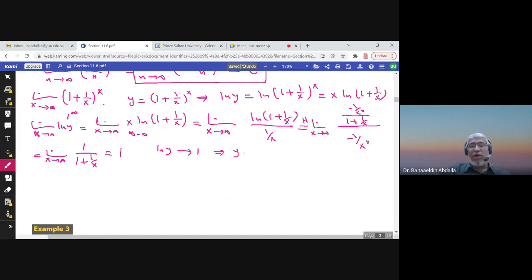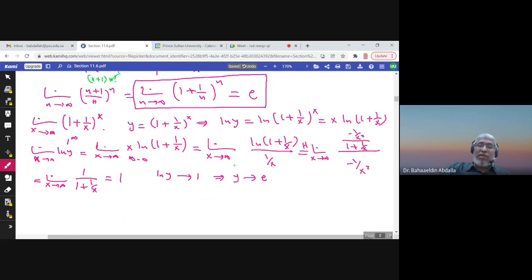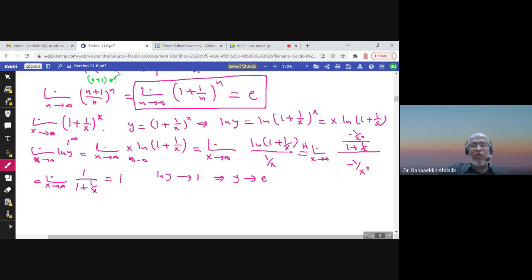This means that y goes to e to the power 1, which is e, if I raise both sides to the base e. And this means that the limit of y is equal to e. Okay, so that's a formula. You can use it always: the limit of (1 plus 1 over n) to the power n when n approaches infinity is just e.